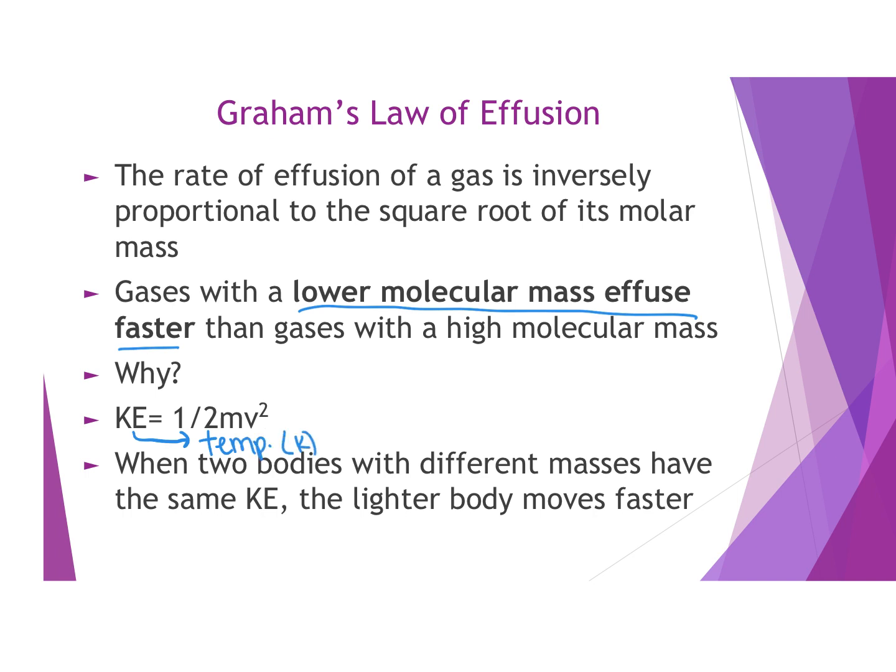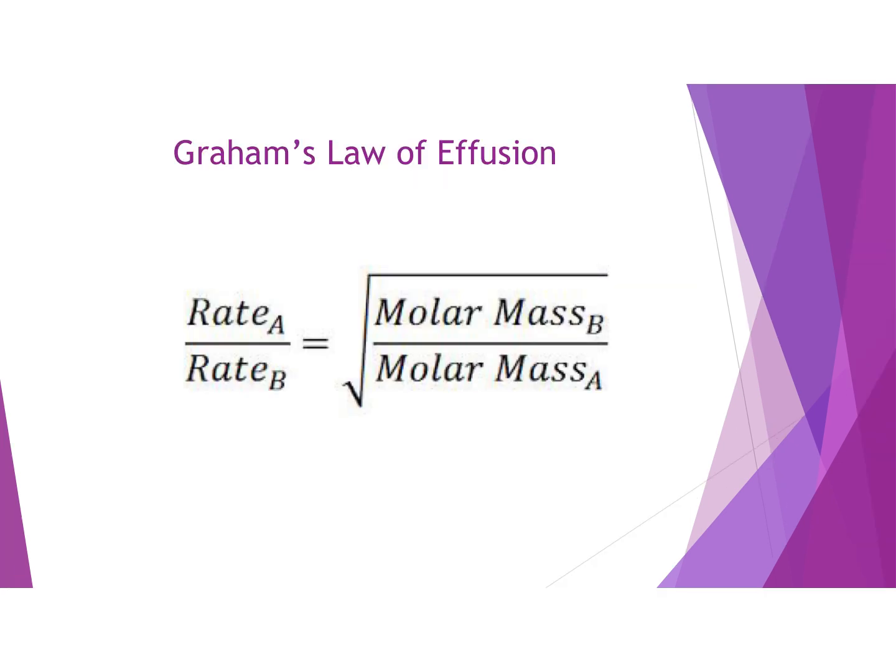So if you heat up a gas, it gets more kinetic energy. If you cool it down, less kinetic energy. So if two gases are at the same temperature, they have the same kinetic energy, which makes mass and velocity inversely proportional, which means if mass goes down, velocity has to go up. So the big takeaway, and the only thing you need to write down, is that lighter molecules move faster than heavier ones.